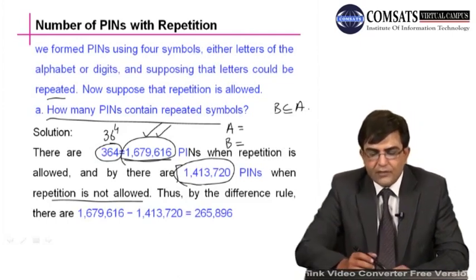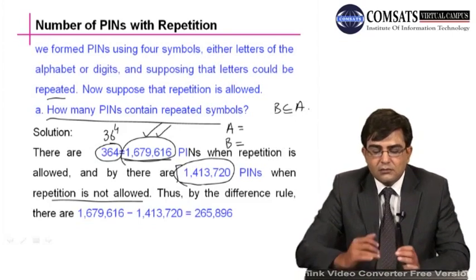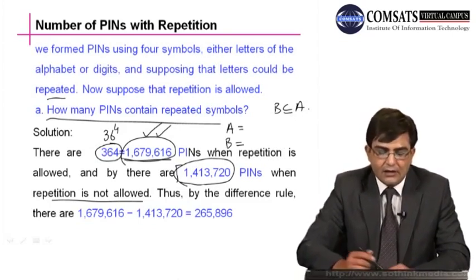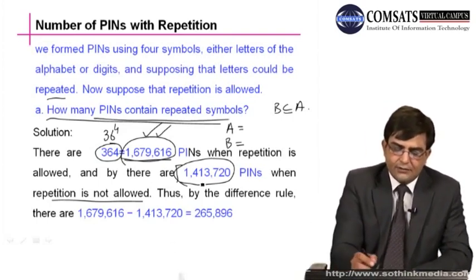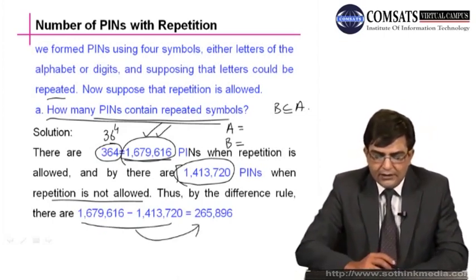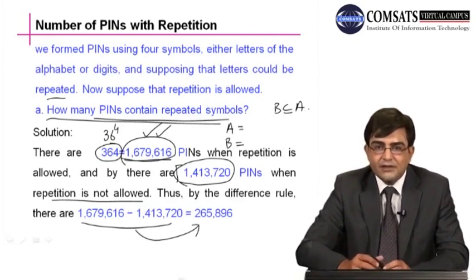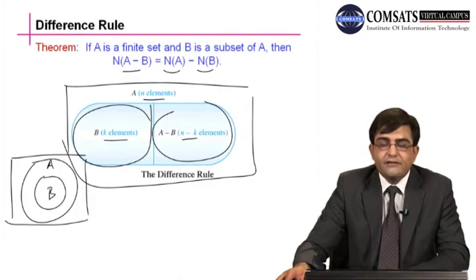So to calculate the pins in which the repetition comes, means there must be repetition. You can say how many pins contain repeated symbols. If we subtract this number from this number, we can calculate the number of pins in which there must be repeated symbols. So this we have calculated by using the difference rule here.